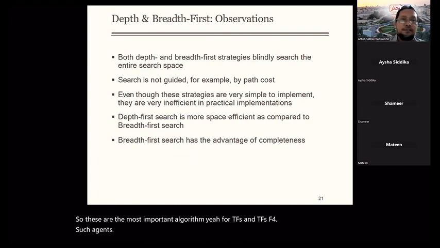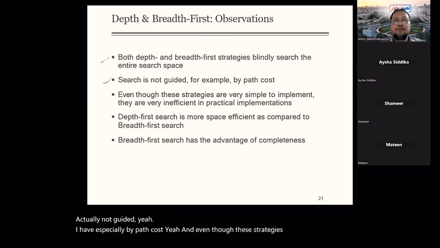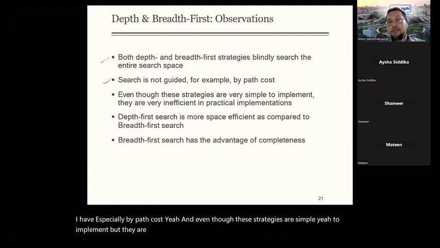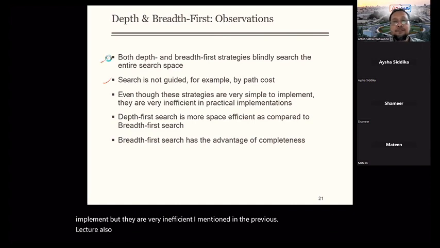And the search is actually not guided, especially by path cost. Even though these strategies are simple to implement, they are very inefficient. As mentioned in the previous lecture, these strategies are not efficient.